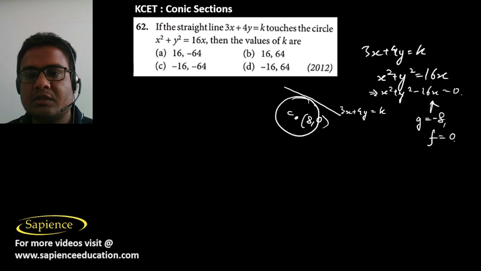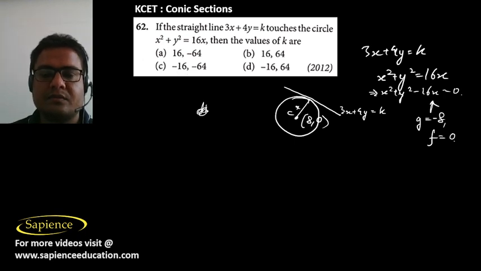So from the center, the distance of this straight line from the center of the circle will be equal to the radius of the circle.